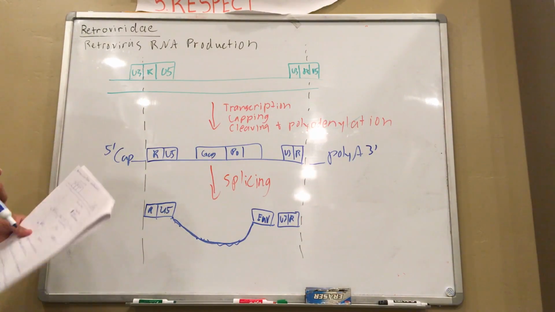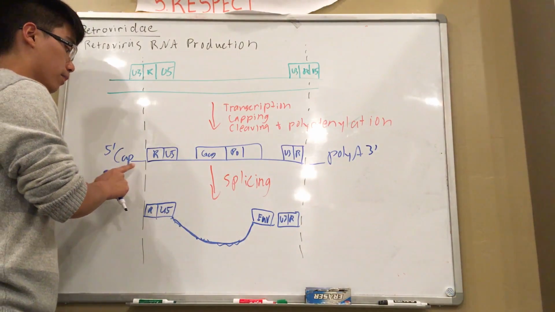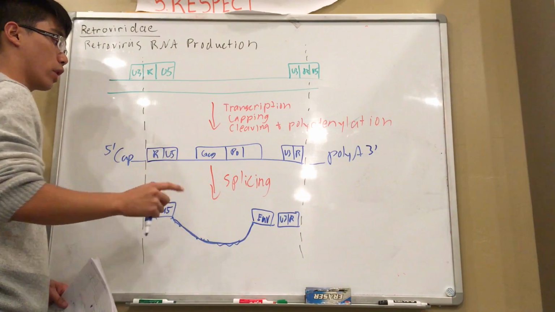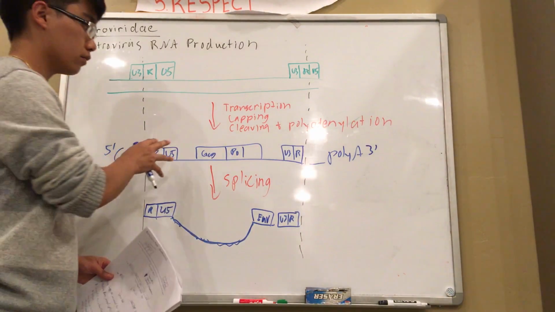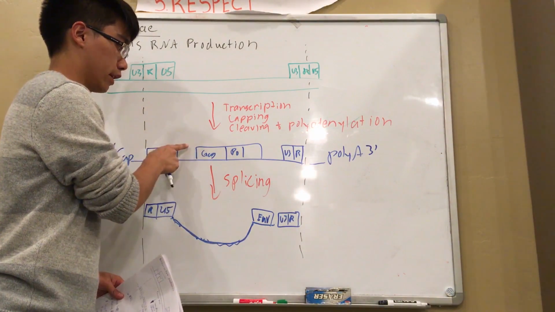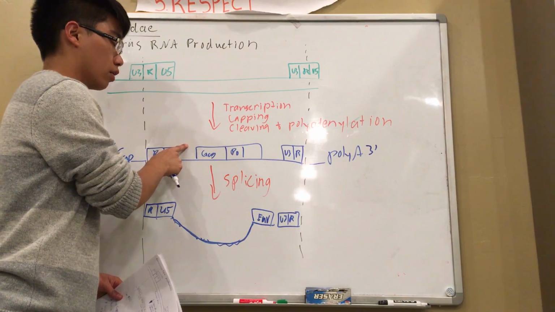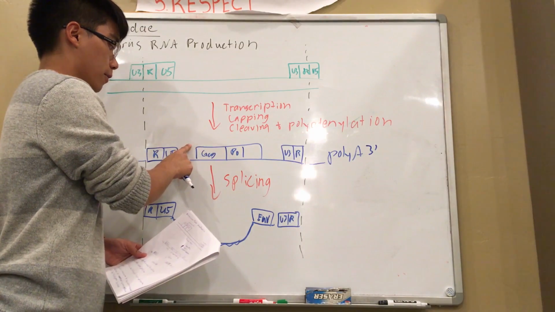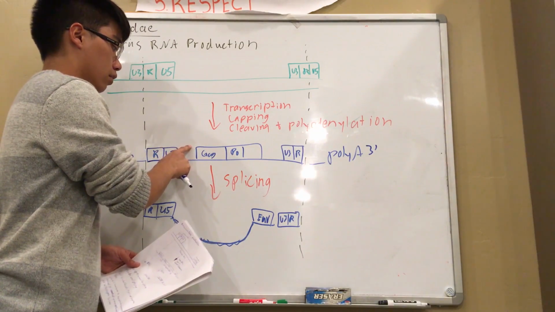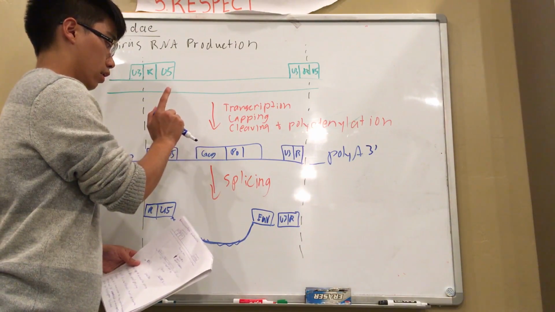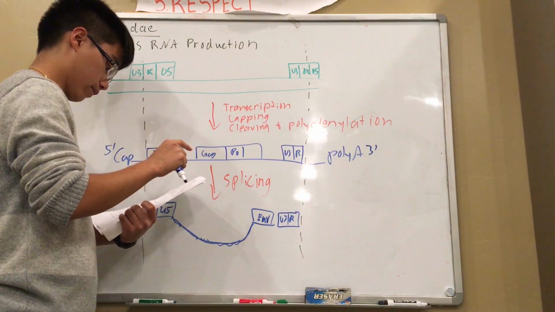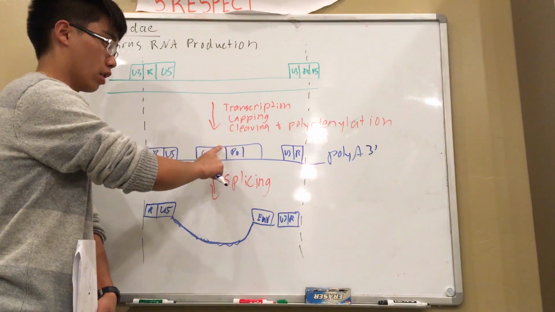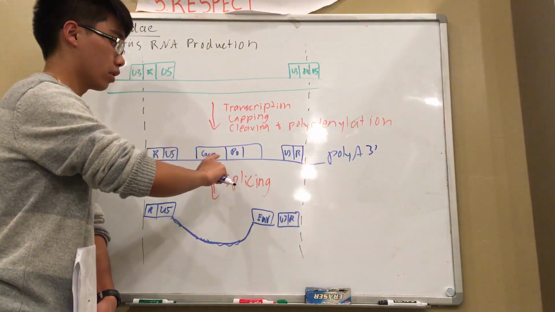And the way it does this is that normally when it's being translated, the ribosome will read along the GAG-Pol fusion, and it'll make GAG proteins only.